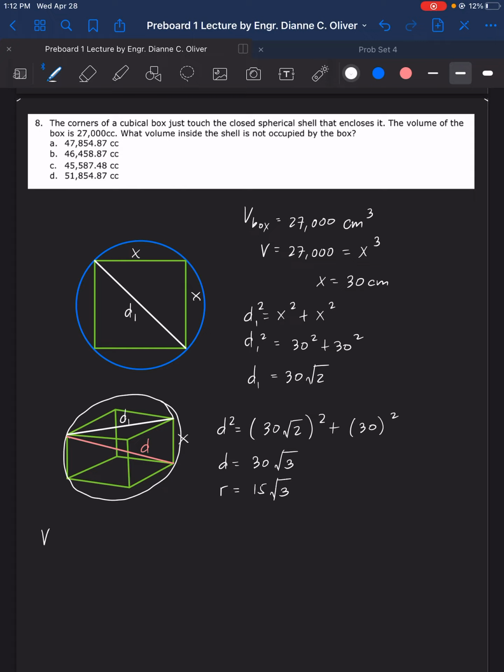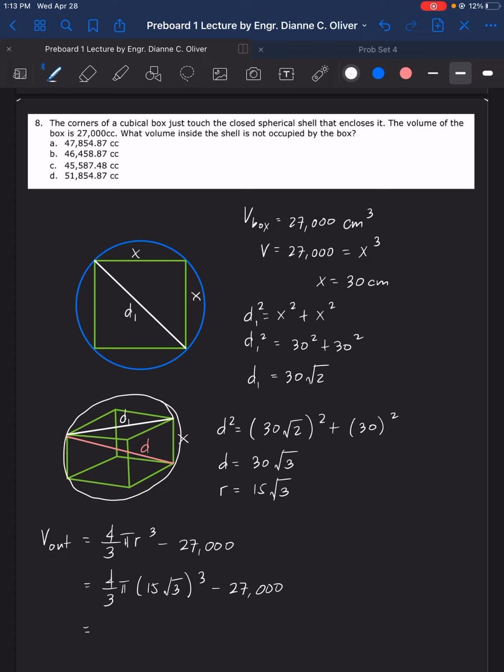So that we have here, the volume outside the box is equal to the volume of the sphere, 4/3 pi r cubed, minus the volume of the box, 27,000. So we have here 4/3 pi, the radius 15 square root of 3 raised to 3 minus 27,000.